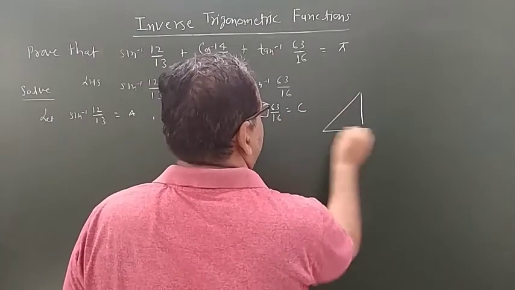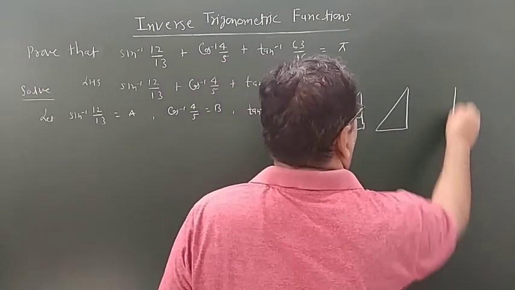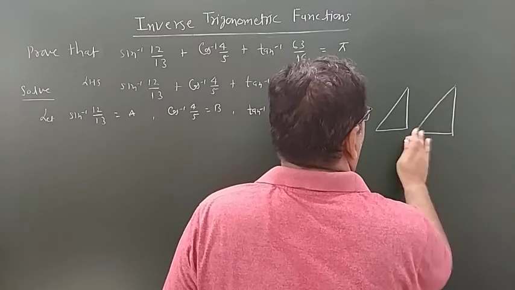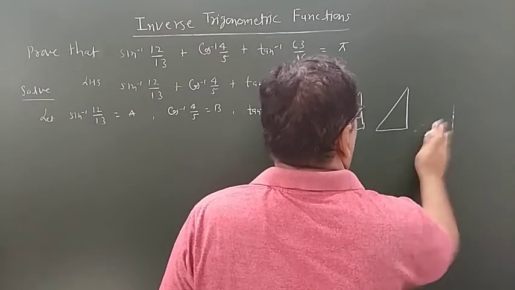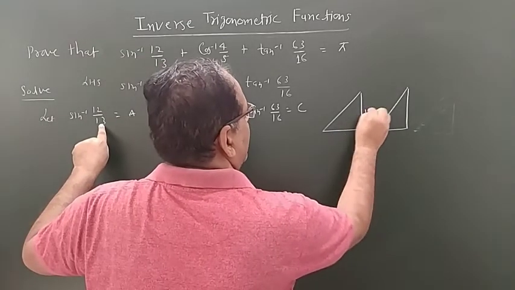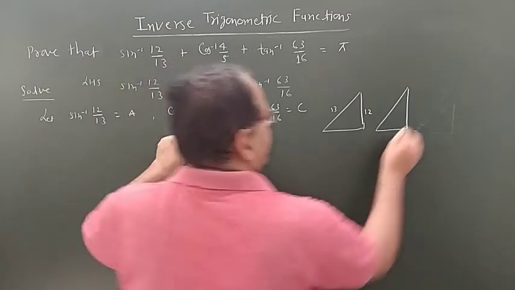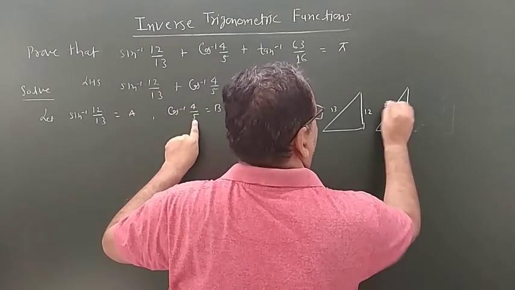So if we use the triangle process here, only for the first two: this is sin inverse 12 upon 13, that means 12, 13. For the second figure, this is 4 and 5.